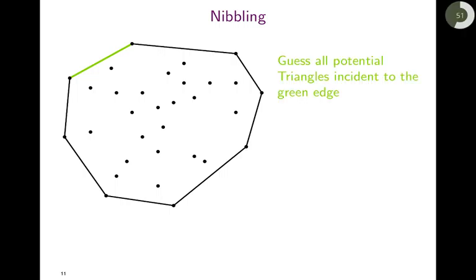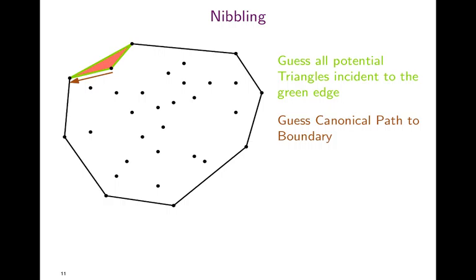And the way we do this is we guess all potential triangles incident to that green edge. So here I drew only one, and then from that vertex here, which is opposite to that green edge, we shoot the outgoing canonical path. And in that way, we have two subproblems. So one here is this really big one, and the other is this tiny one.